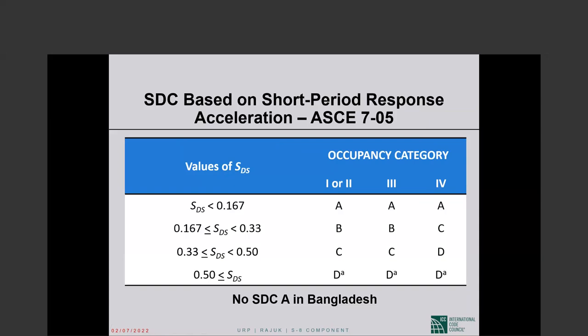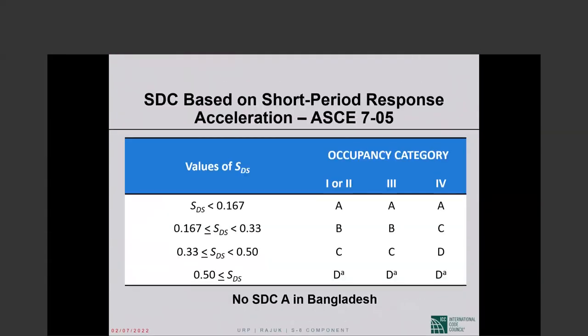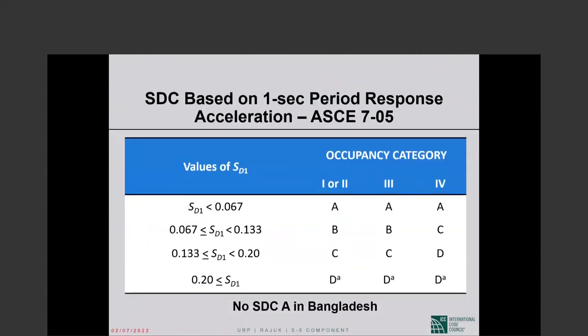I tell you that there is no design category A in Bangladesh, because for design category A, S sub DS has to be less than 0.167, and you do not have values that low anywhere in the country. So you determine seismic design category based on short period ground motion. You redetermine the seismic design category of the same structure now based on long period ground motion S sub D1 from this table and you take the worst of the two.